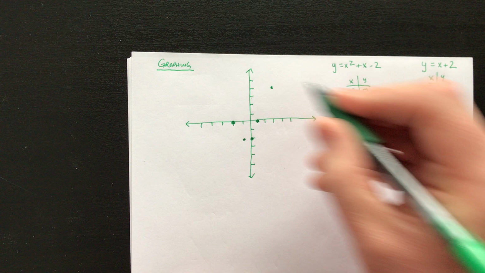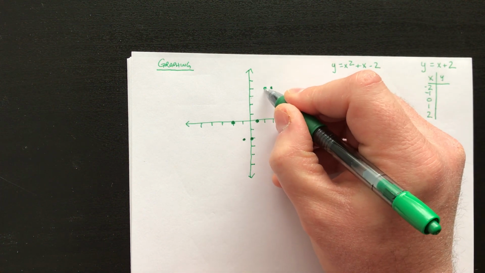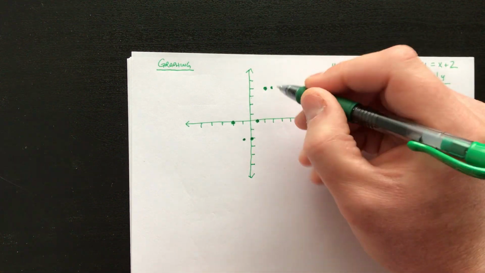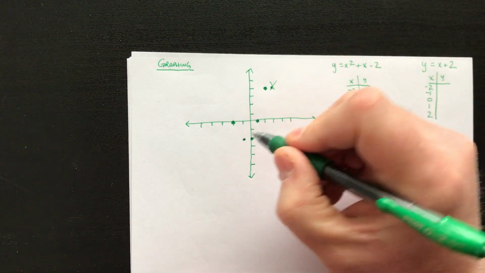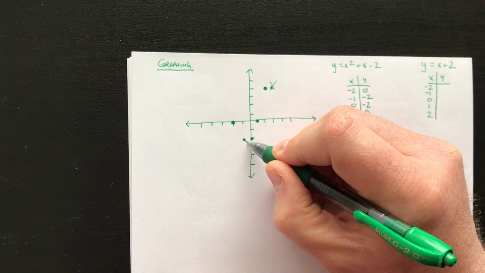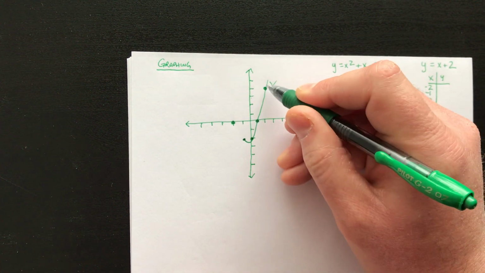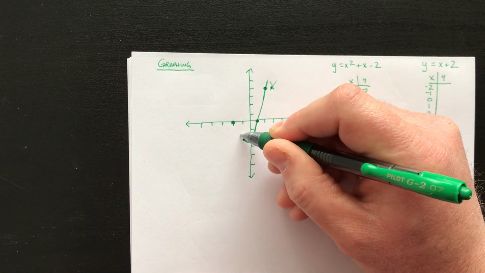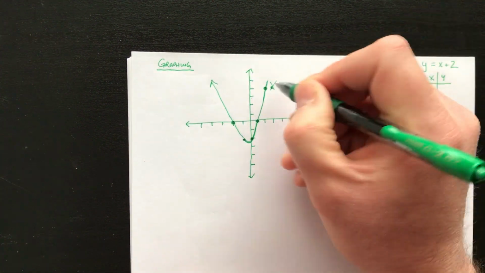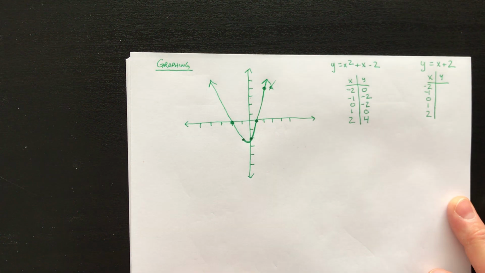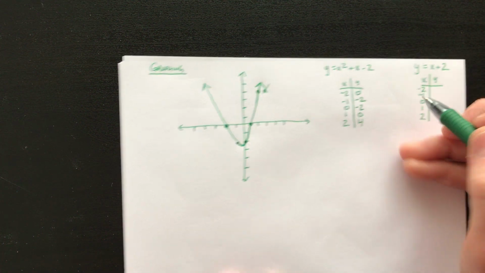Whoops, 2 comma 4, so it should be right here. All right, so we have our parabola. Close enough. And then we do our linear function.